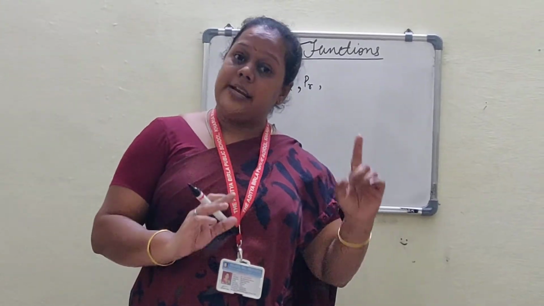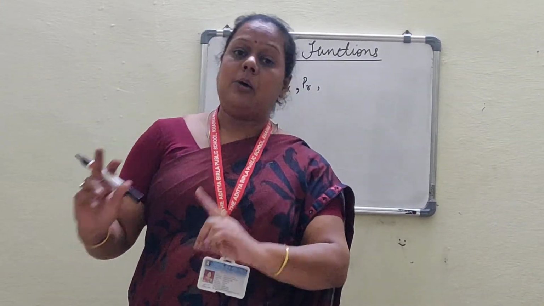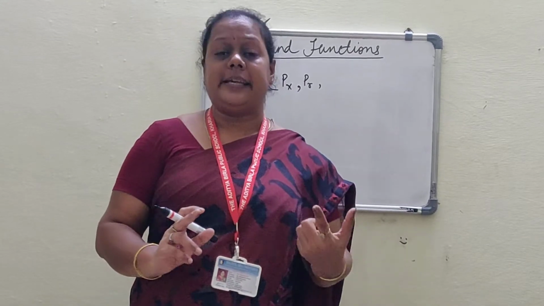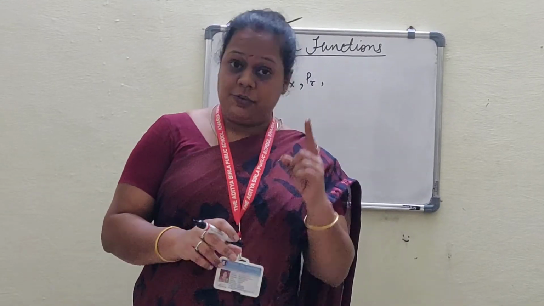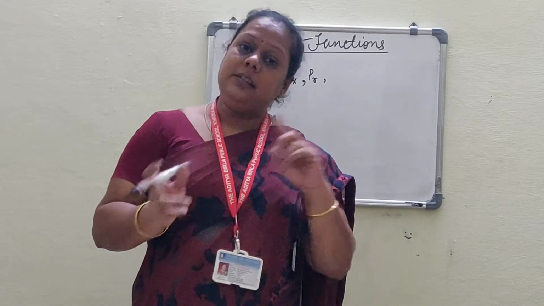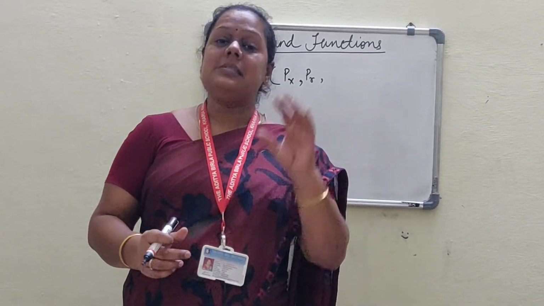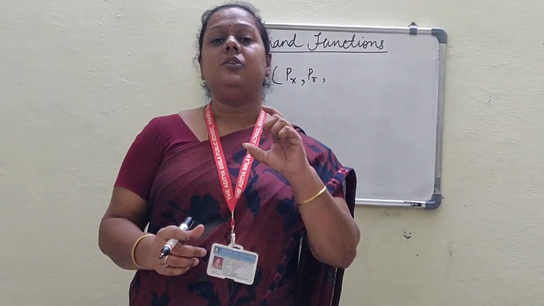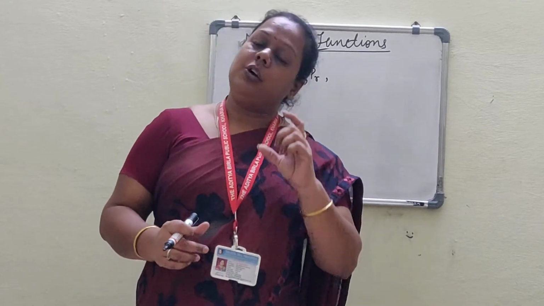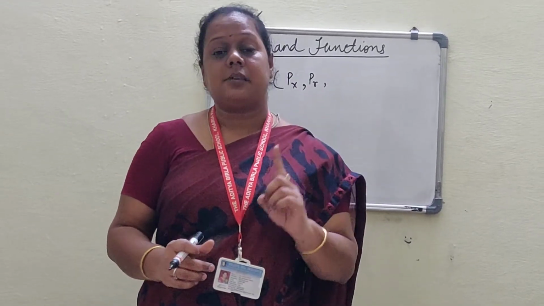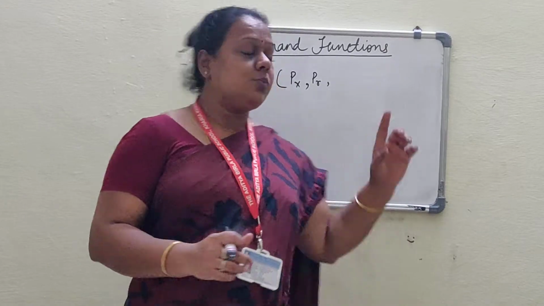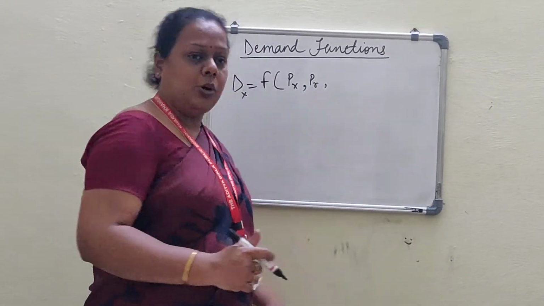The person is ready to buy the same amount of coffee instead of tea if the price of tea is high. And the vice versa will happen. That means the price of the related goods affects the demand for that commodity for any specific consumer. And that is why this determinant is important.